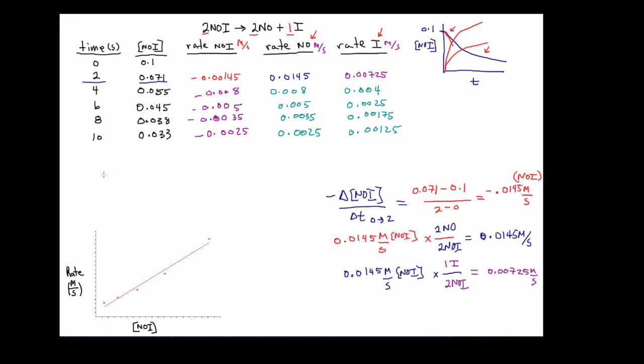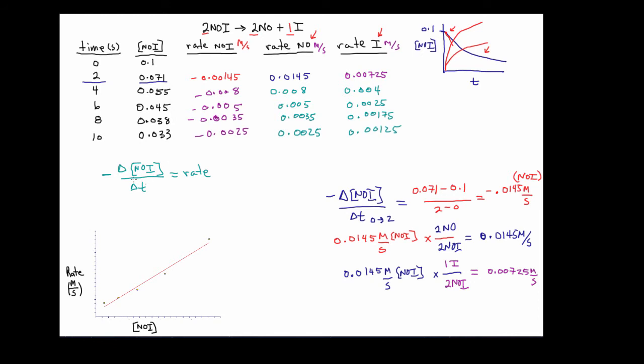All right, so let's start with what we already know. So we can write how the concentration of the NOI varies with time, like we've already learned. So change in NOI over delta T, and this is equal to the rate, the average rate of the reaction.